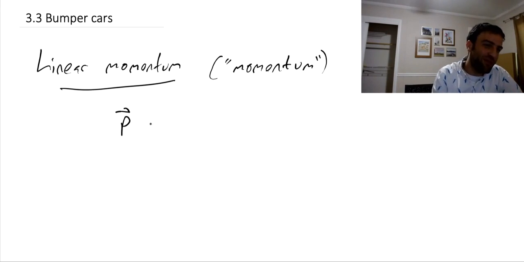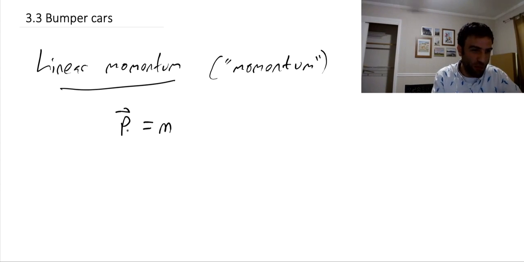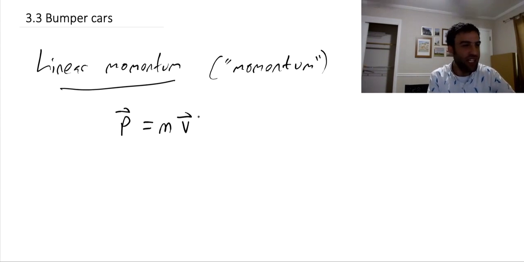And it turns out the momentum is defined as the simplest possible combination of those two things. The momentum of an object is just the mass of that object times its velocity. So you'll notice, momentum is a vector quantity. It points in exactly the same direction as the velocity of an object does. And the magnitude of momentum is just the mass of the object times the magnitude of the velocity.